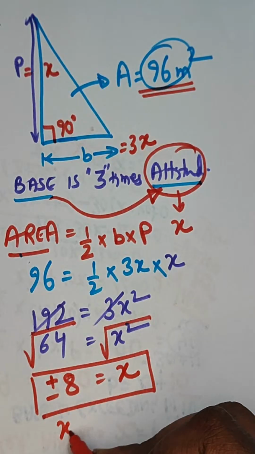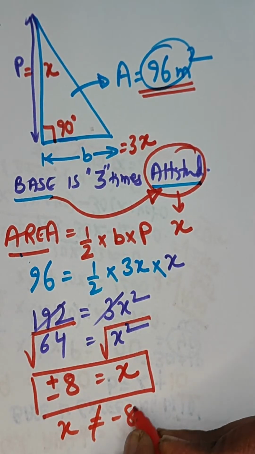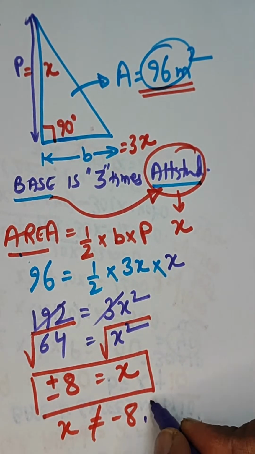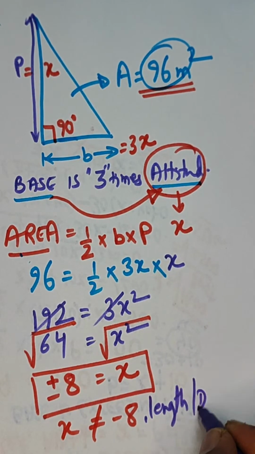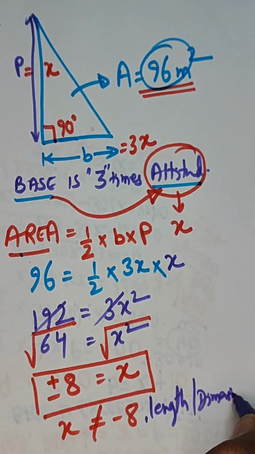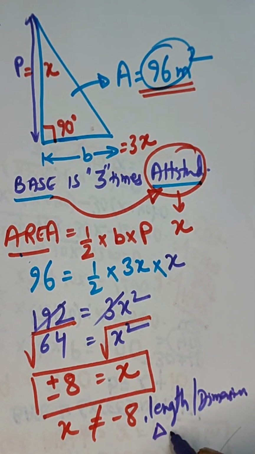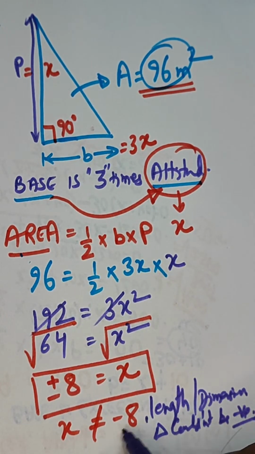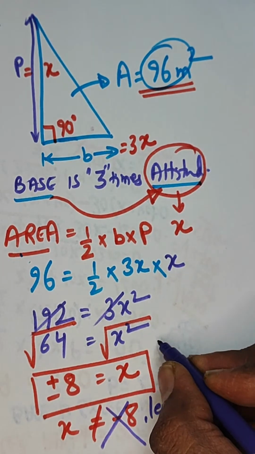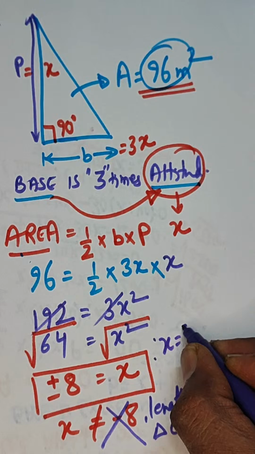But x cannot be equal to minus 8, because the length or dimension of a triangle cannot be negative, right? So that's why minus 8 is not considered, and we have our answer that x equals 8.